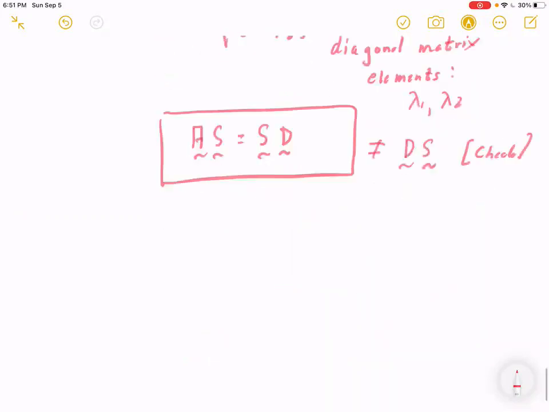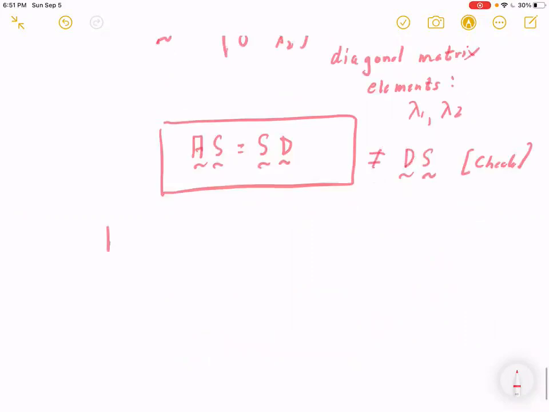And finally, if in fact the matrix S has an inverse, so that's a big if. That's not always true. This is a big assumption.